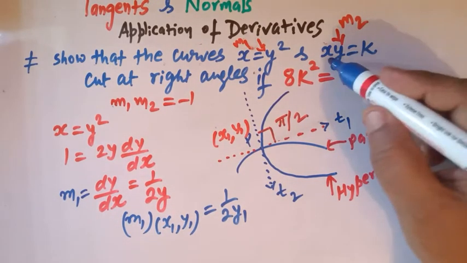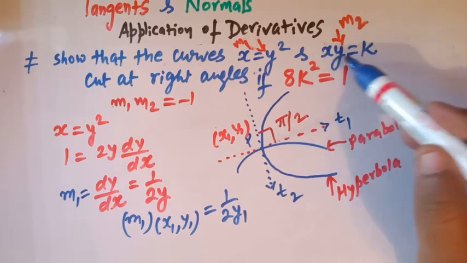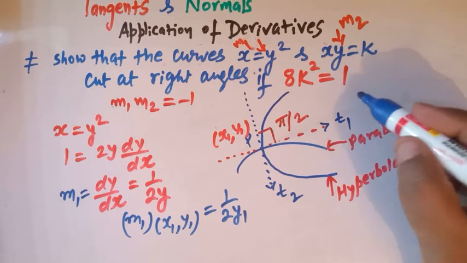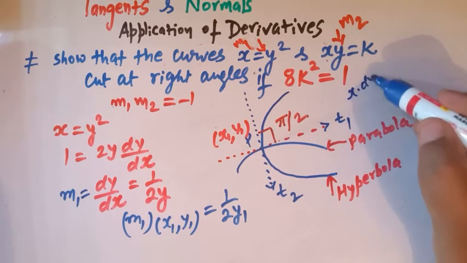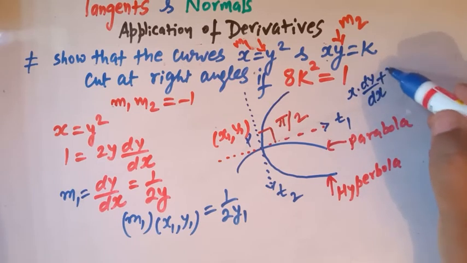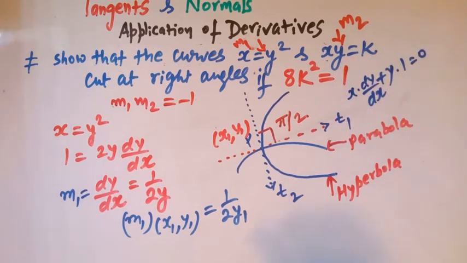Now let us find m2. So we'll differentiate this equation. Differentiating both sides, we apply the product rule: first function times derivative of second function plus second function times derivative of first. The derivative of x is 1, and the derivative of the constant k is 0.